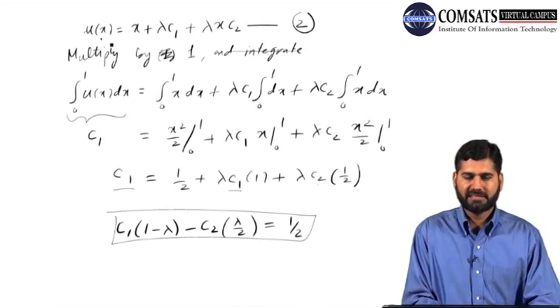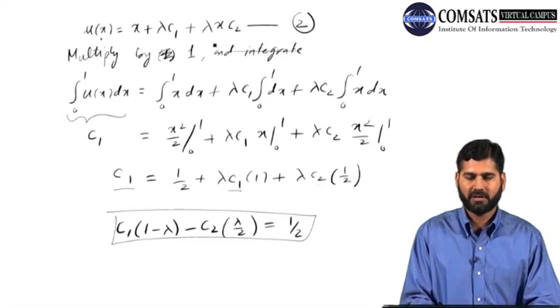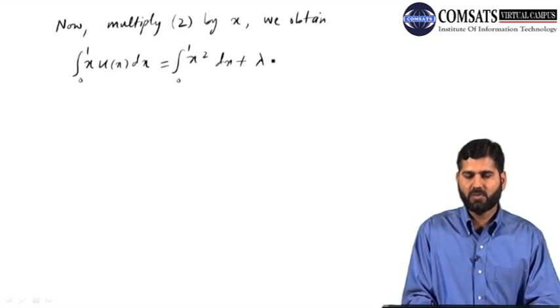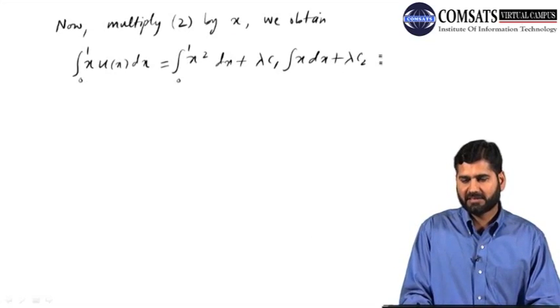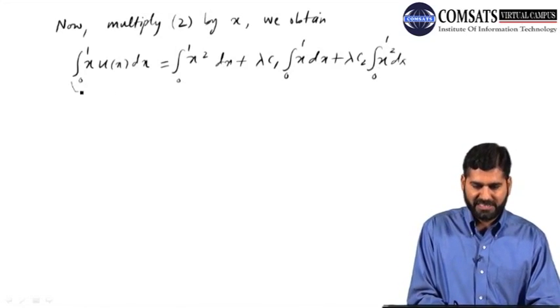You see here, this is x u(x), this is x squared, and lambda c1 x and lambda c2 x squared. So plus lambda c1 x dx and lambda c2 x squared dx, from 0 to 1. So multiply by x and then integrate.